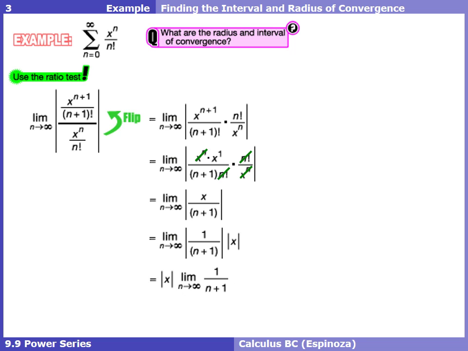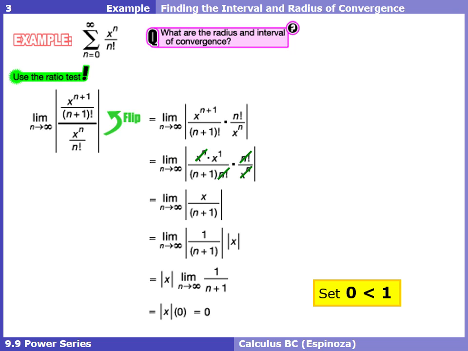If we take that limit as n goes to infinity, we'll end up with 0. And of course, 0 times absolute value of x is just 0. So don't lose sight of what we were doing from the very beginning. After all of these steps, we found a result of 0. And by the ratio test, if our infinite series is going to converge, we have to set that result to be less than 1.